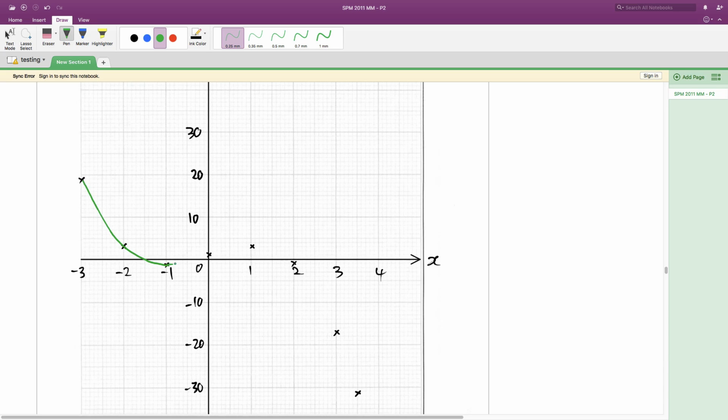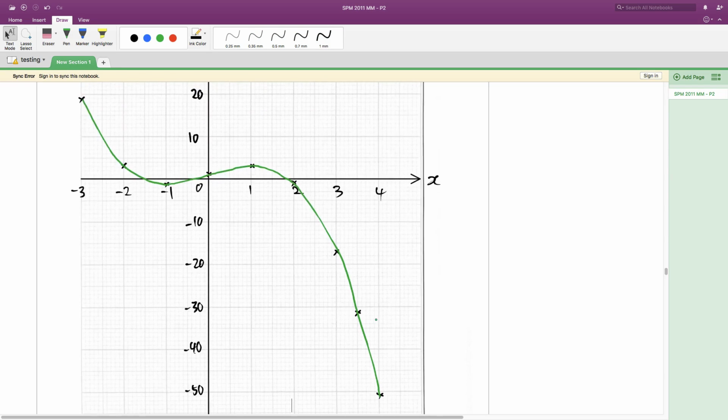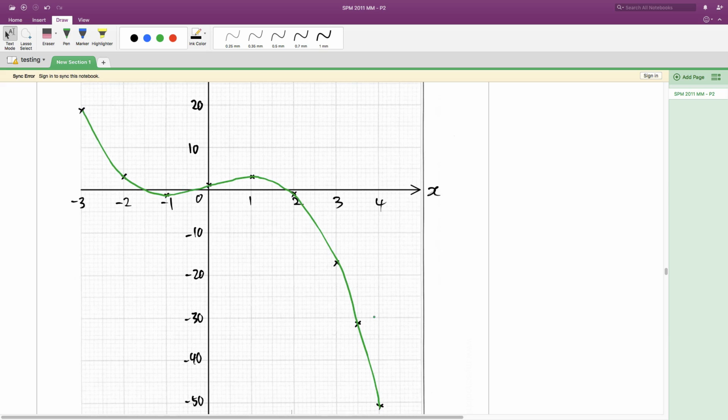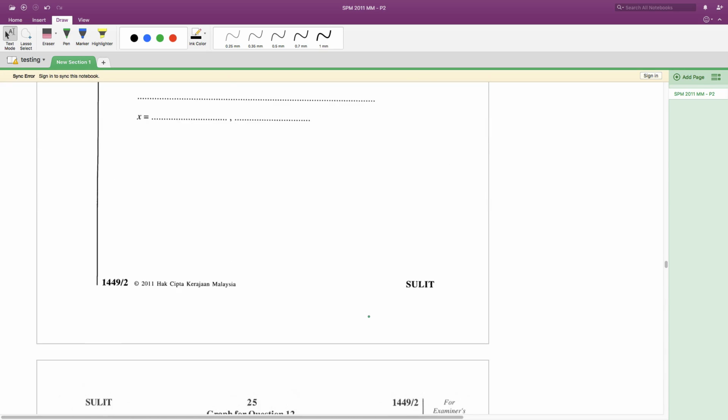Okay. So basically, this is a line you will get. Of course, if I draw on the graph paper, it will be much more nicer compared to this one.